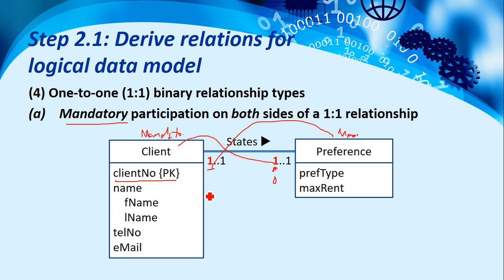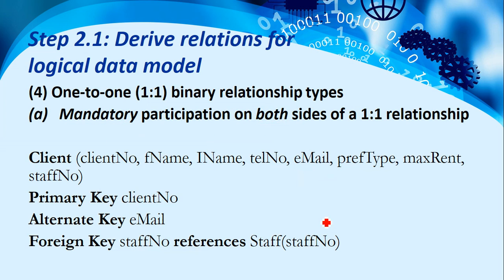It's automatic, this is our primary key once we combine these two entities. So that's why this is the result. So client number, F name, L name, tel number, these 5 are from the client, and this is from the preference.